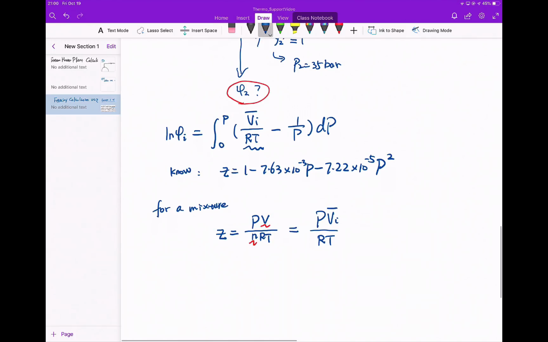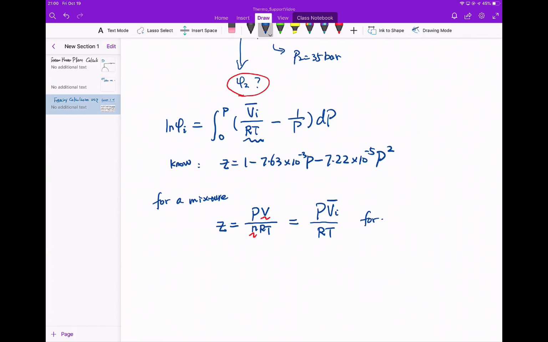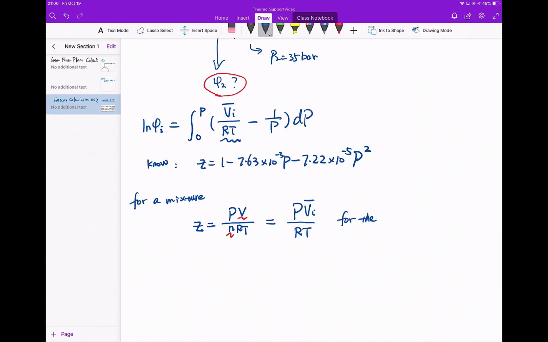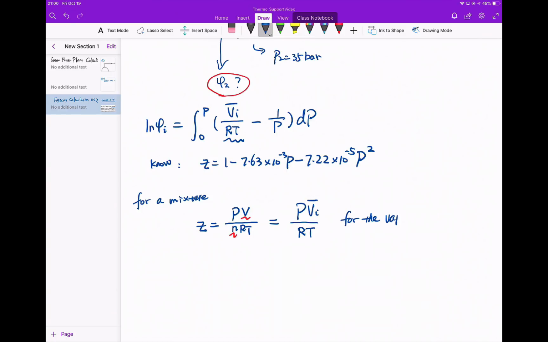Okay, that is for the vapor where y2 prime is almost 1. So this Z2 is going to be P V2 partial over RT.